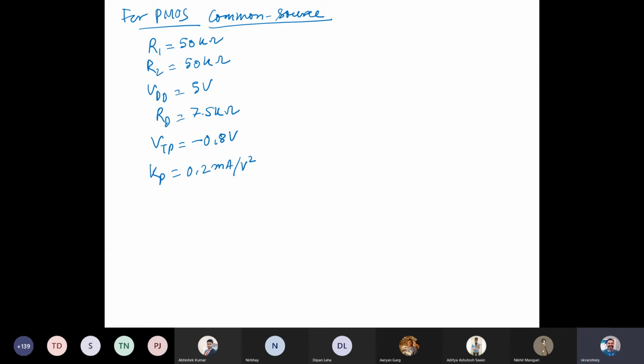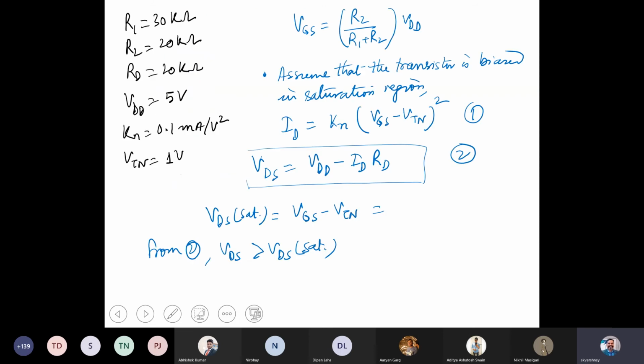Right, so you have to do the same. You have to find out the VSD and check the condition, whether it's in saturation or non-saturation region. Right, so please try this.